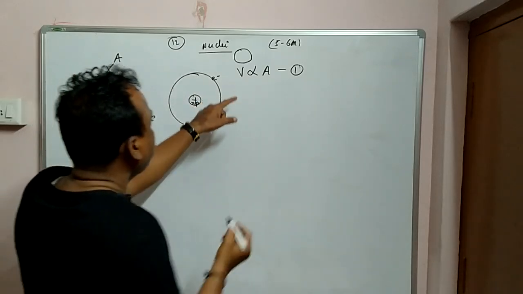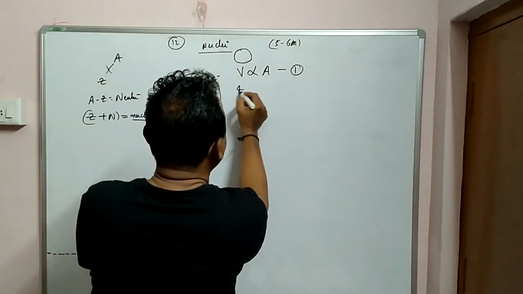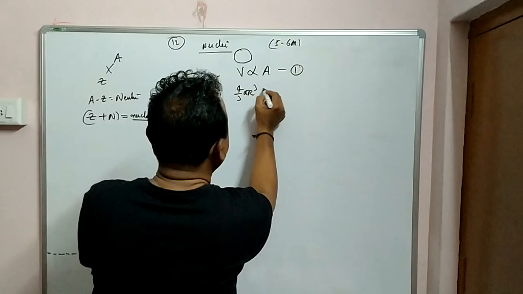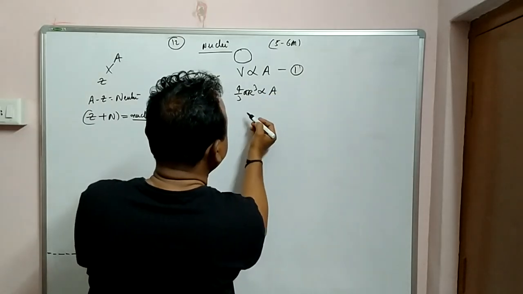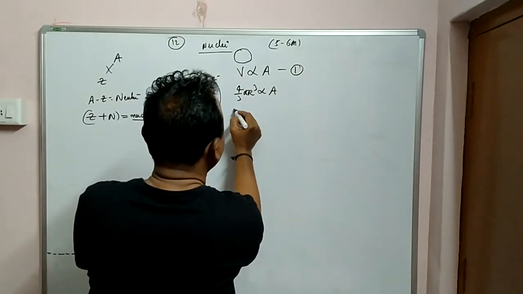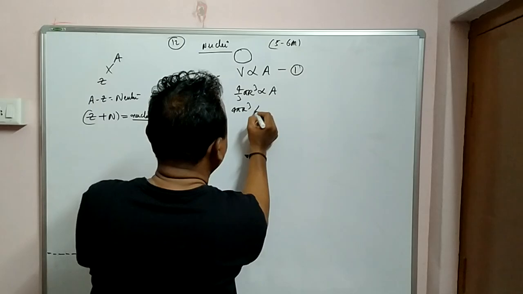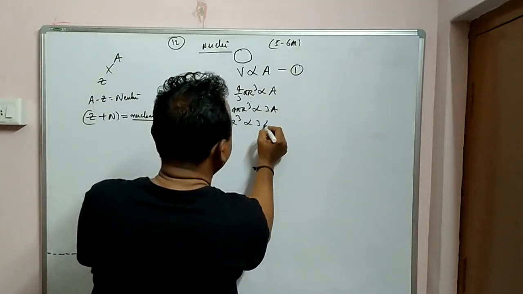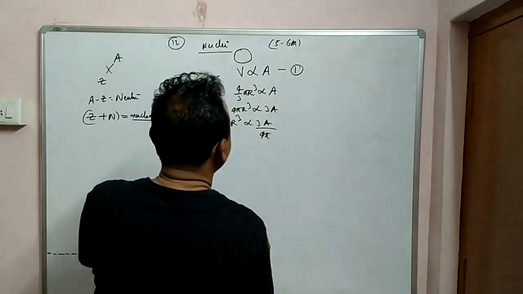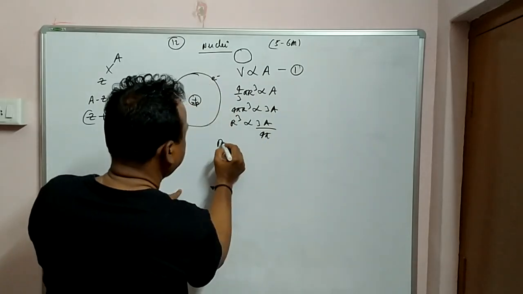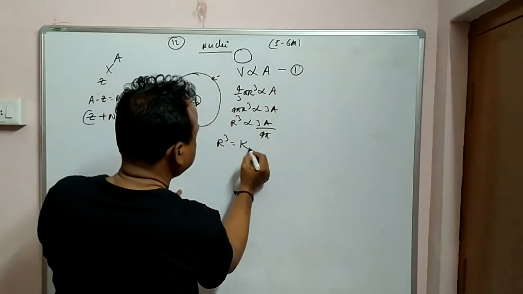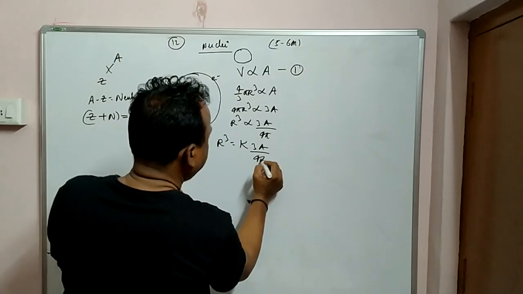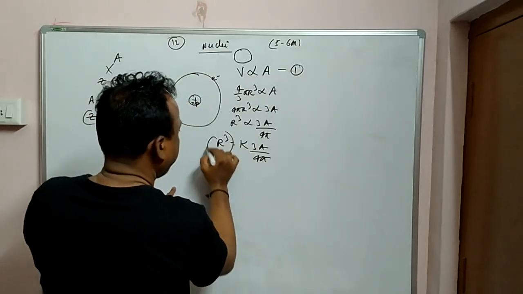So according to him, the volume, 4/3 pi r cube, is directly proportional to the mass number A. Then 4 pi r cube is proportional to 3A, or r cube is proportional to 3A by 4 pi. Removing the proportionality constant, r cube equals 3A by 4 pi, taking 1/3 power on both sides.